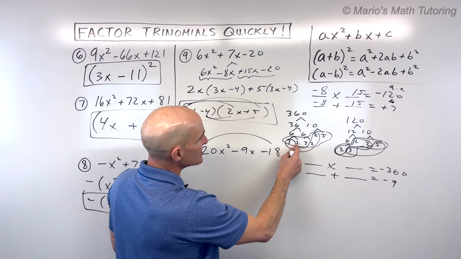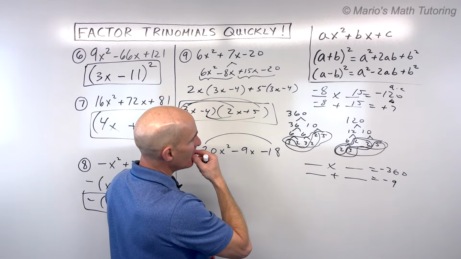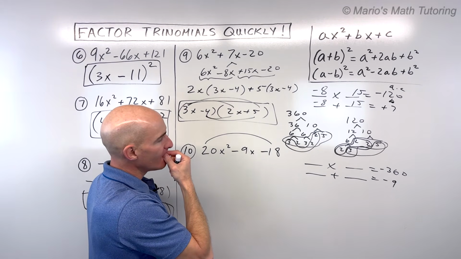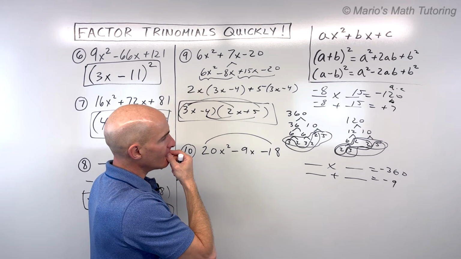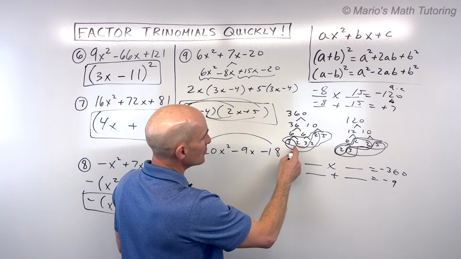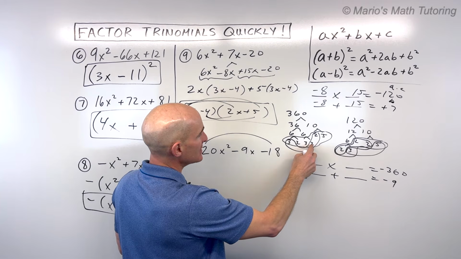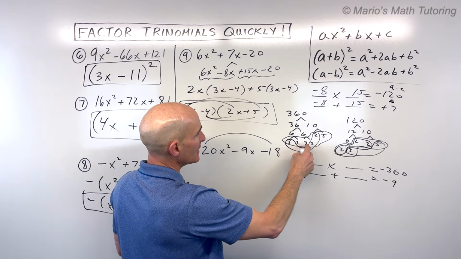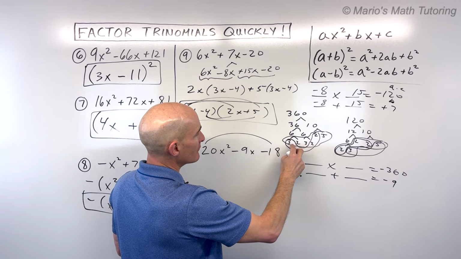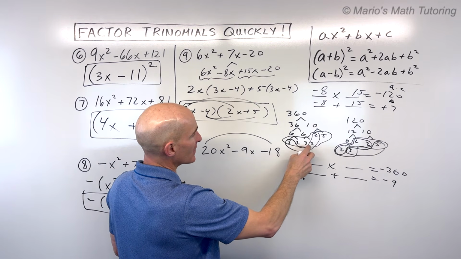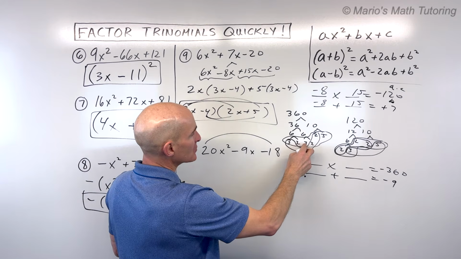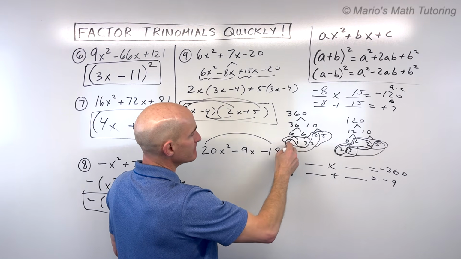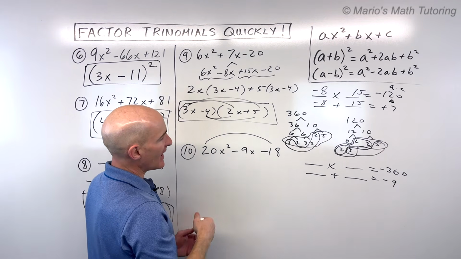So this is 6 times 2 is 12. No. What else could I do? I could do 9, 18, 36, and 10. No, I could do 5, 10, 30, and 12. No, let's see, what can I do here? This is 4, 12. Let's see, I'm trying to get negative 9, aren't I?